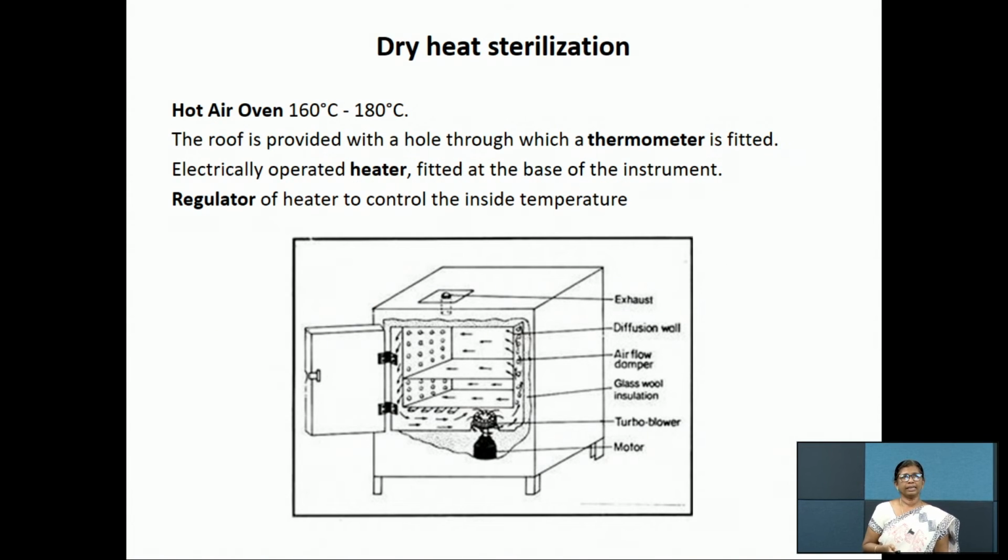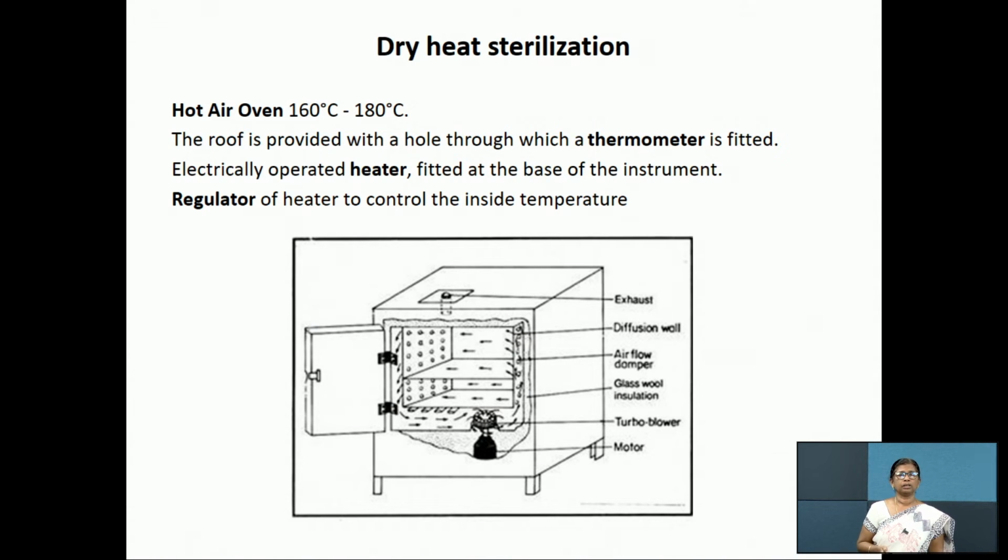In the case of dry heat sterilization, the equipment used is a hot air oven, 160 to 180 degrees centigrade. At the roof of the oven, there is a hole where the thermometer is fitted, and this thermometer is helpful for regulating the temperature. There is a regulator knob in the hot air oven, which you can set so that the exact temperature can be maintained.